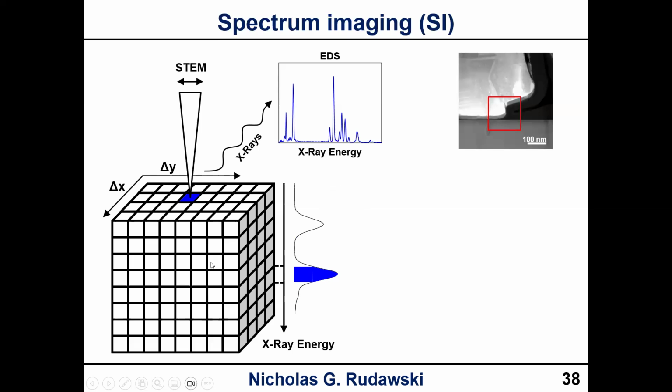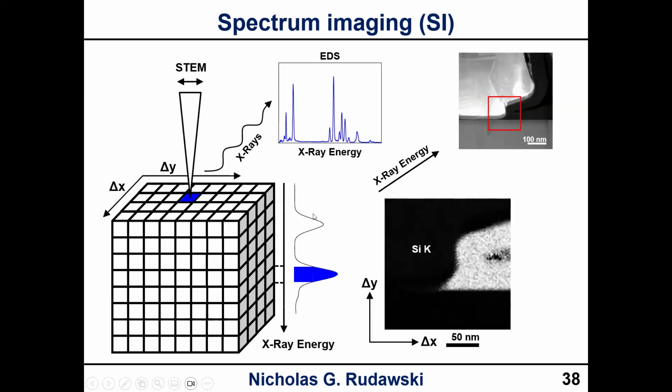So if we do this pixel by pixel, and we take a slice, we do this for each pixel in this slice, we end up with an image.